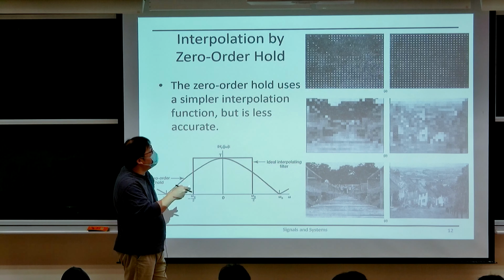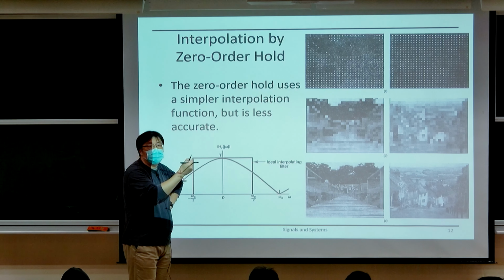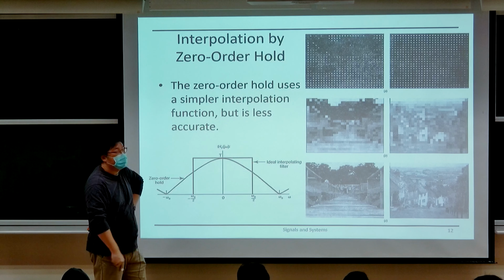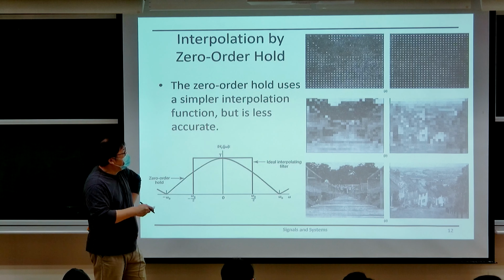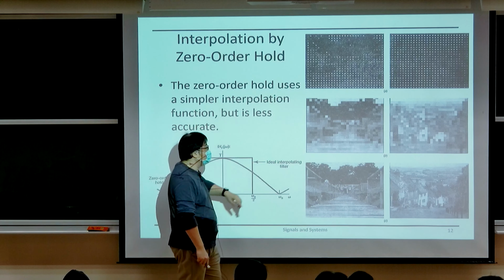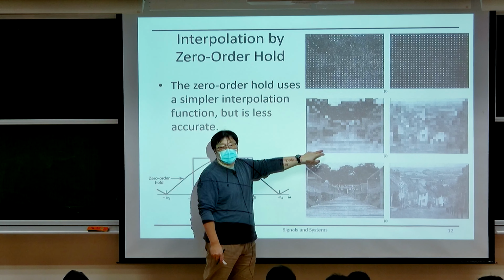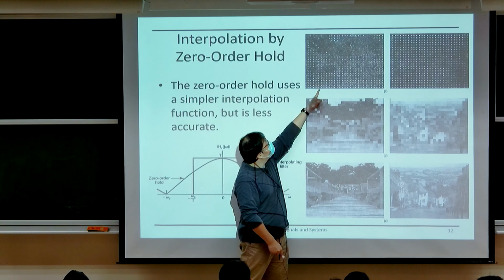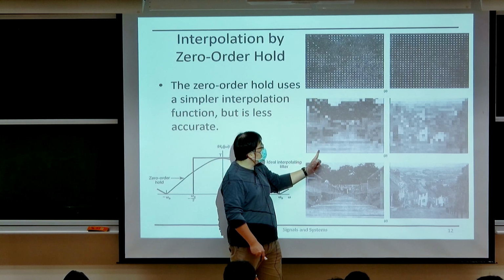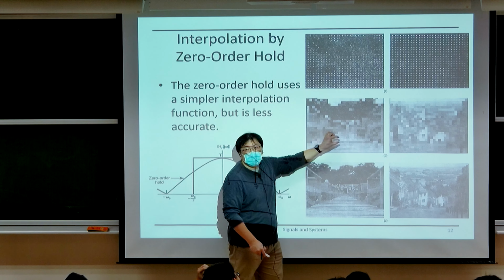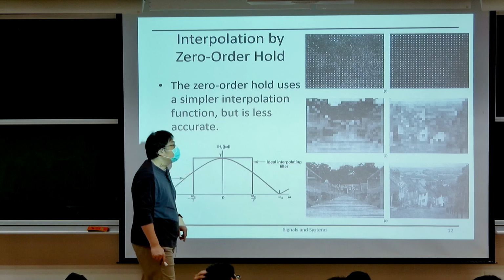This is the outcome of impulse sampling, the impulse sampled image. And this is the result of a zero-order hold signal. Basically, for every value here, we're filling it up with a constant block, so we have this mosaic type of image here.